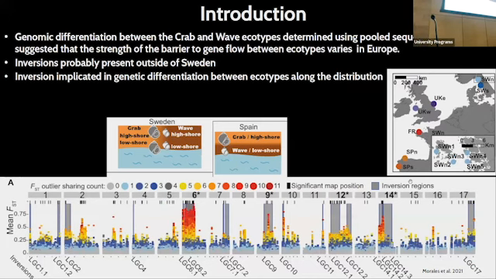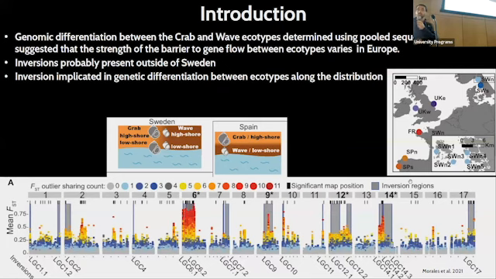So now if we look at the bigger picture, not the whole, but several spots in Europe: Sweden, the UK, France, and Spain. There has been a pool-seq study, using pool sequencing to look at the differentiation between ecotypes in those different locations.